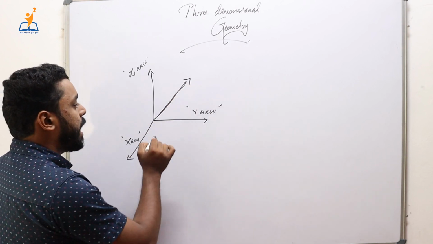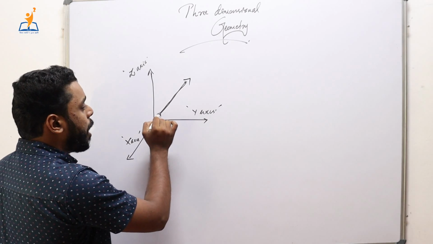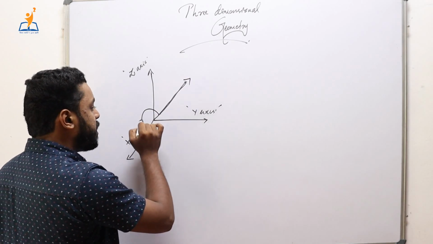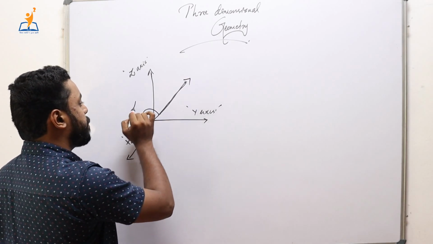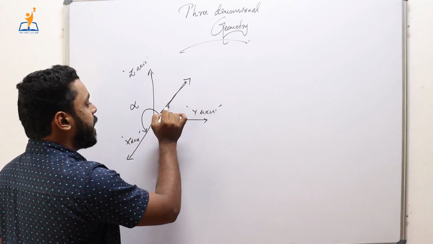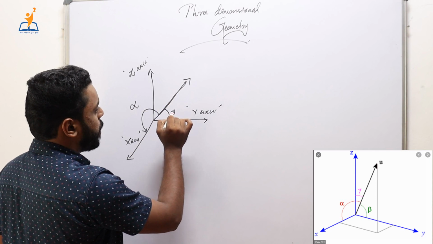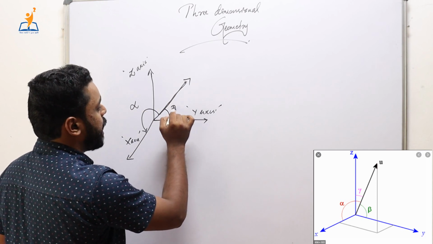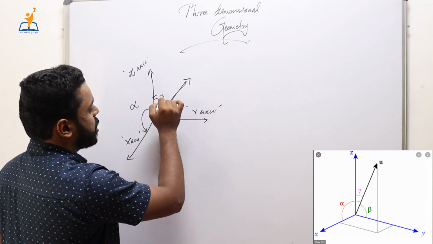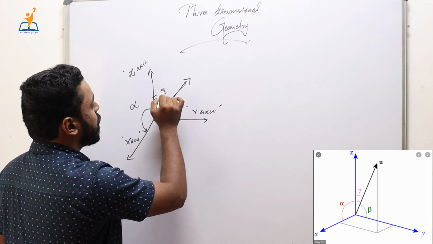And then we said that the angle made by the vector with respect to the x-axis is alpha, the angle made by the vector with respect to the y-axis is beta, and the angle made by the vector with respect to the z-axis is gamma.